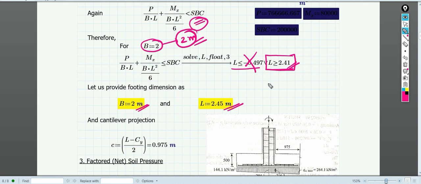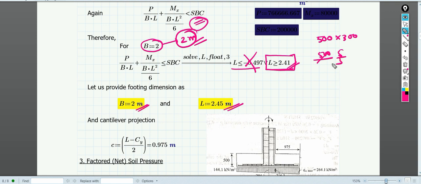Also, in some books you will see that the ratio of the dimensions of the footing should be in line with the ratio of the dimensions of the column. That means we have a column of 500 by 300, so the ratio will be 5 by 3.